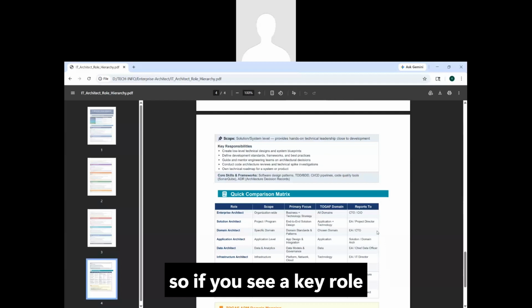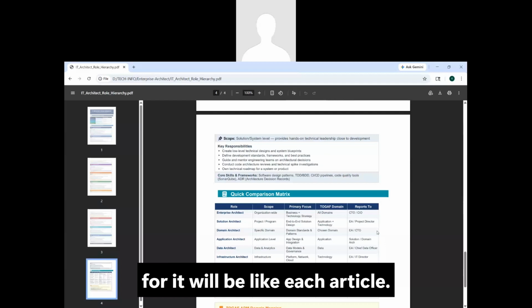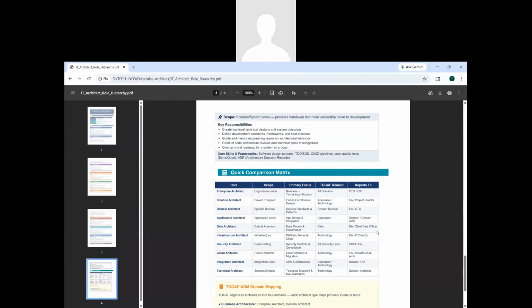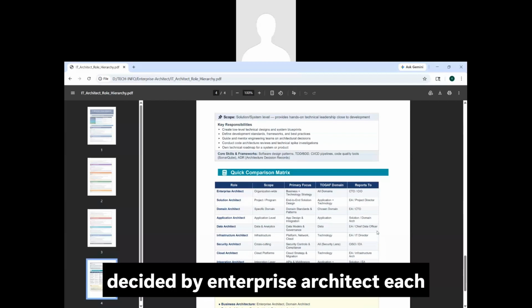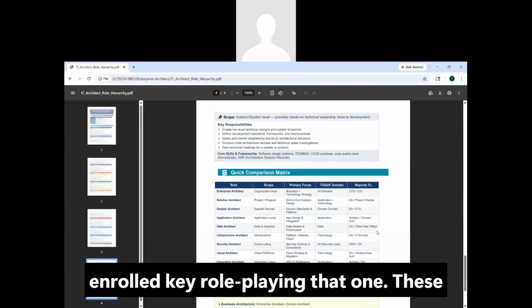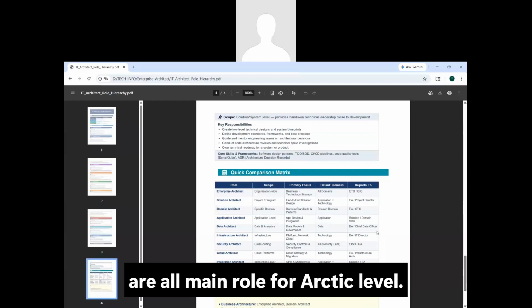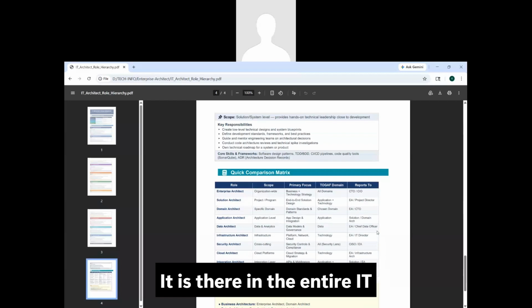So each of these roles plays a key part, and the design is decided by the enterprise architect. These are all the main roles at the architect level in the entire IT sector.